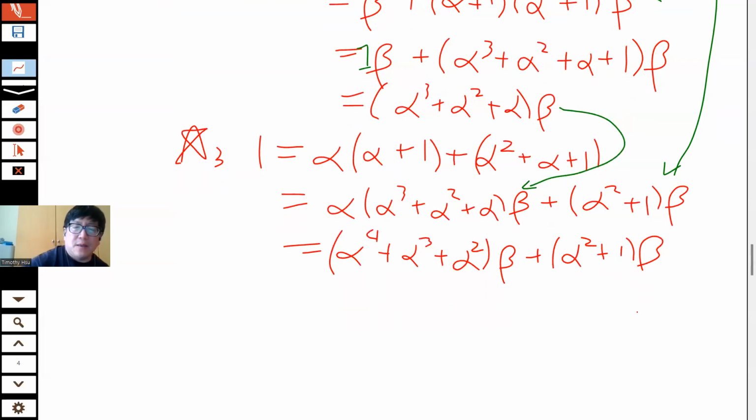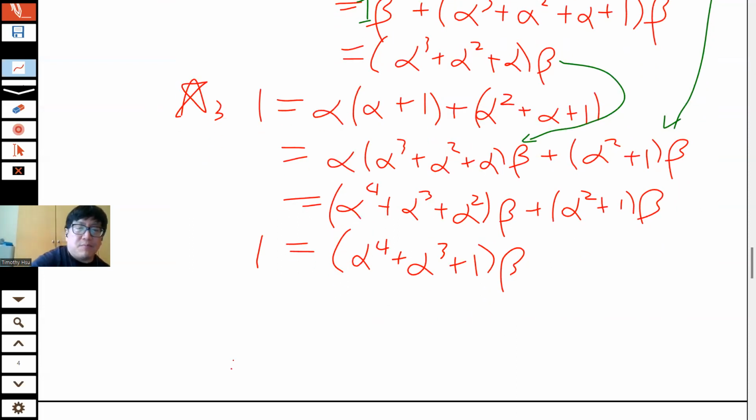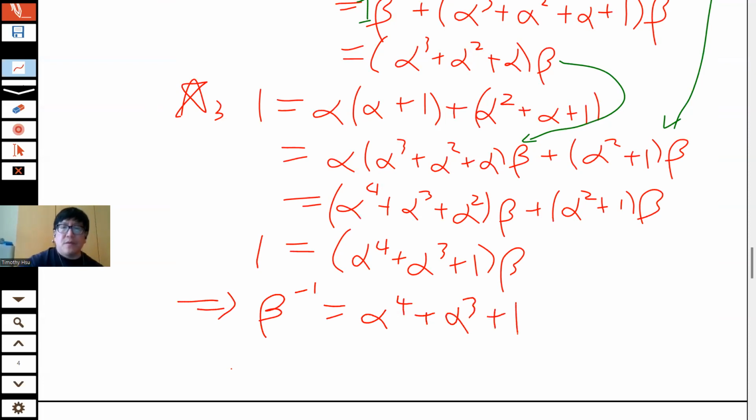And so we see that 1 is equal to alpha to the 4th plus alpha cubed plus 1 times beta, which means that beta inverse is equal to alpha to the 4th plus alpha cubed plus 1. Phew. Okay.